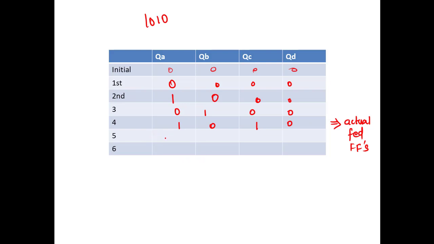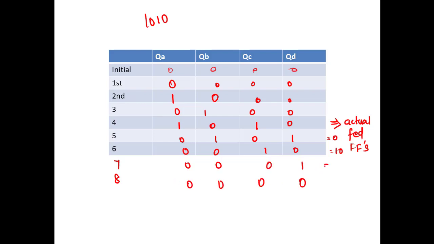And for the fifth clock pulse, we will be having 0 1 over here, 0 over here, 1 over here, and the output from this, whichever is appearing, is 0 here. So 0 0 1 0, and here you will be getting 1 0, and in the 7th and 8th clock pulses you will be getting 0 0 0 1 and 0 0 0 0.